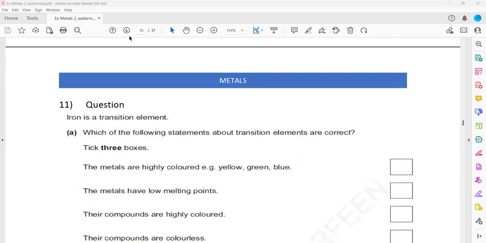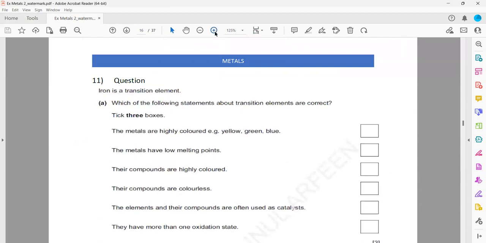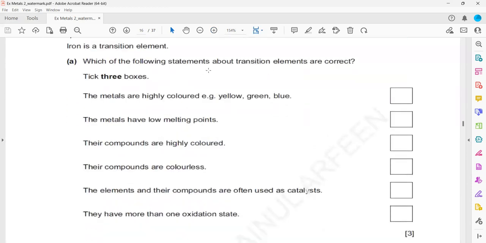If you find any question difficult or you're not able to understand, just let me know, and I'll repeat that. You can use the screen annotation to tick 3 properties of a transition element, iron.